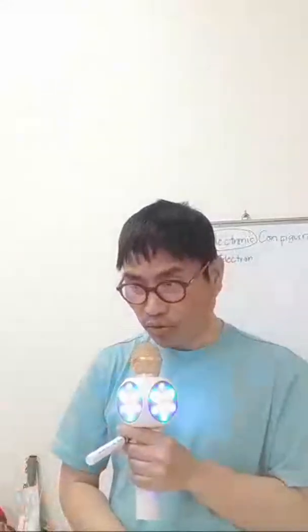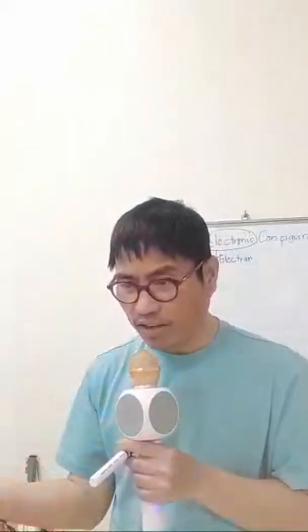Okay? So if we have the electron, we have also the positron, which has a charge of +1, which is not common to students. So from now on, memorize that not only do we have the electron, we have also the positron.